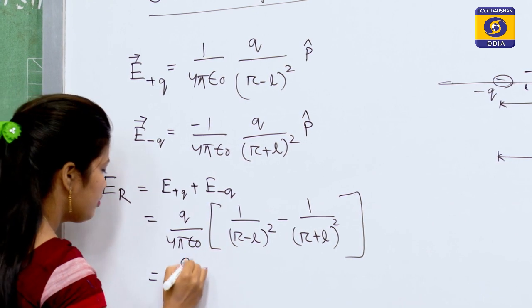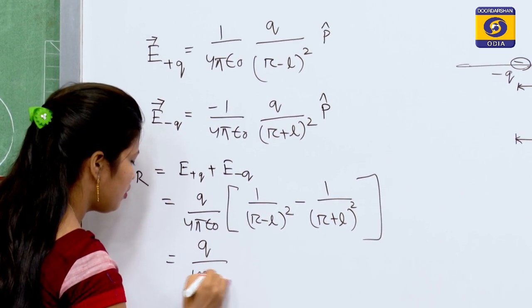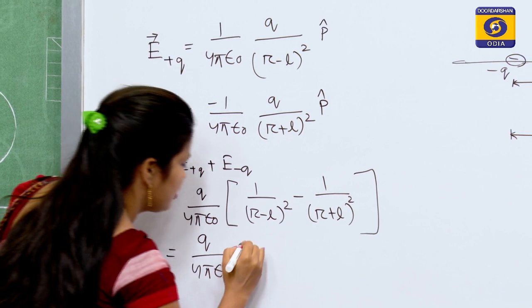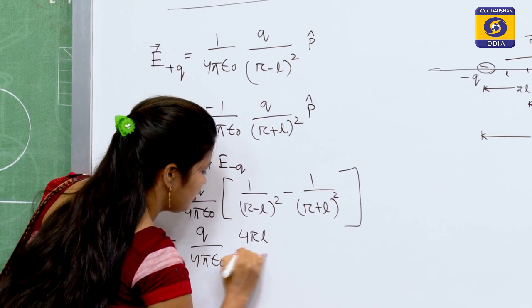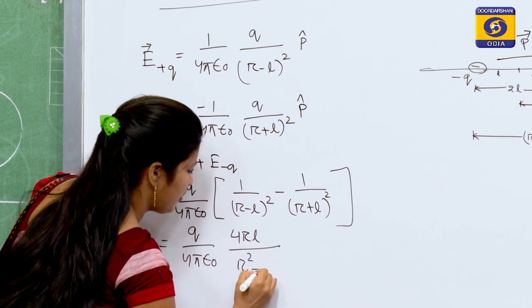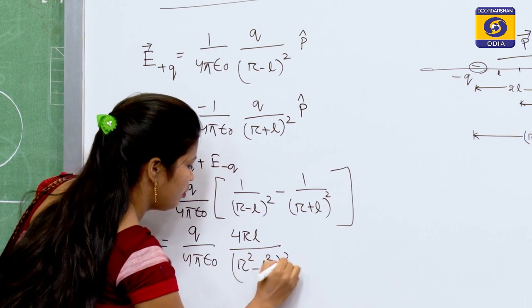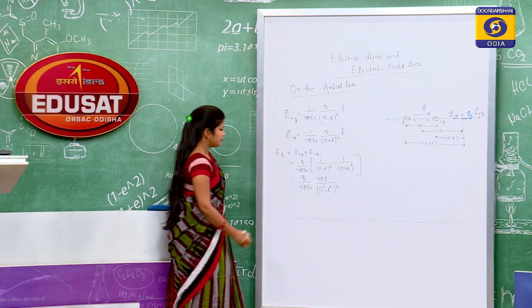So, on solving we will get q upon 4 pi epsilon naught into 4 r L upon r square minus L square whole square.